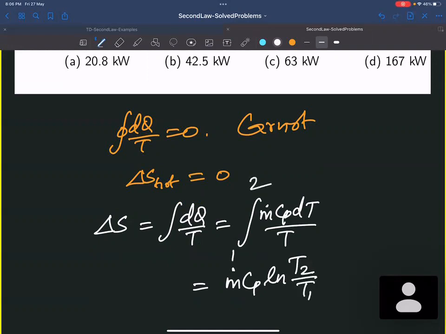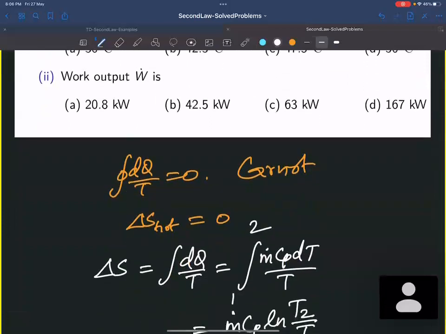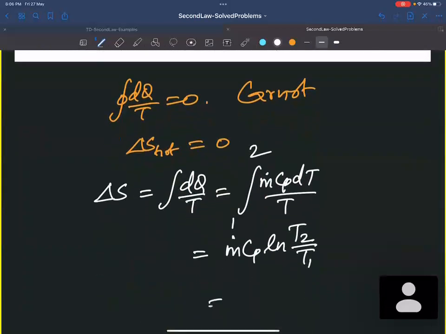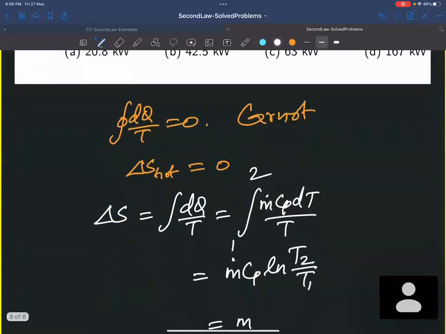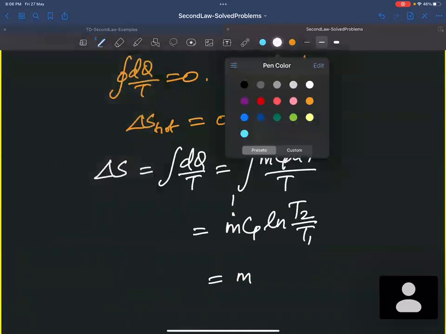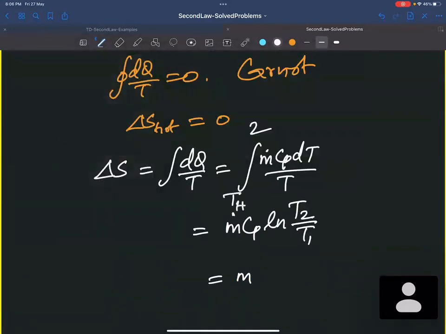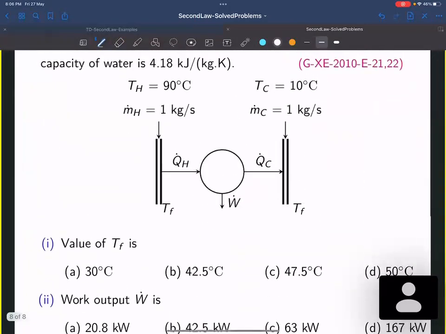So 1 to 2 is actually, it is entering at TH and leaving at TF. Otherwise, the stream is entering at TH, and it is going to leave at TF.